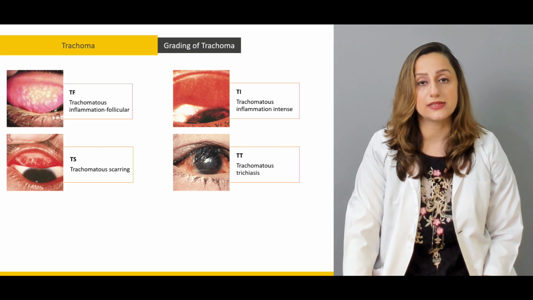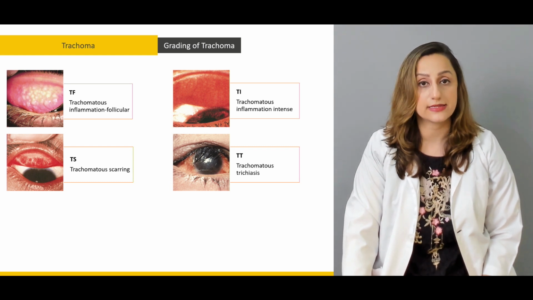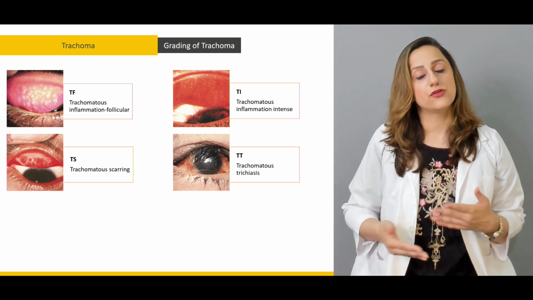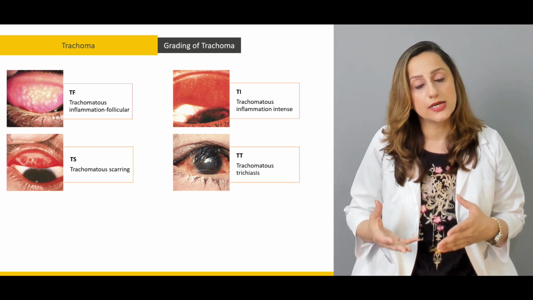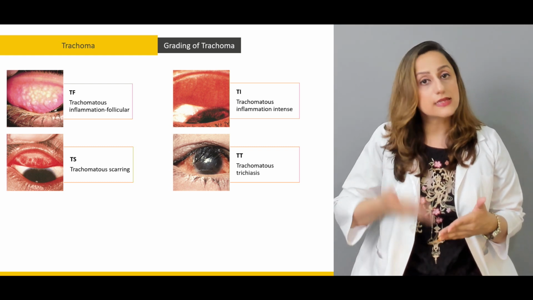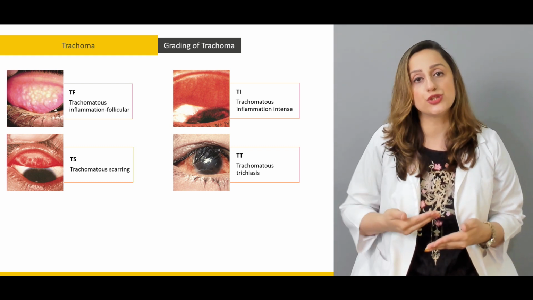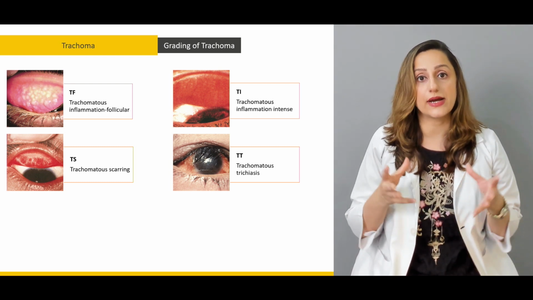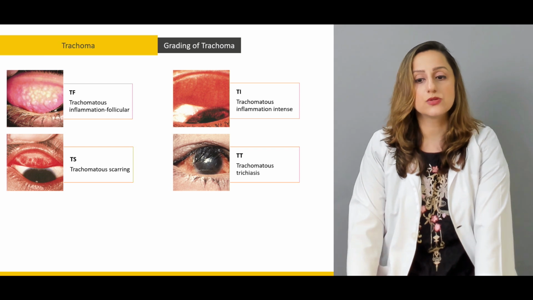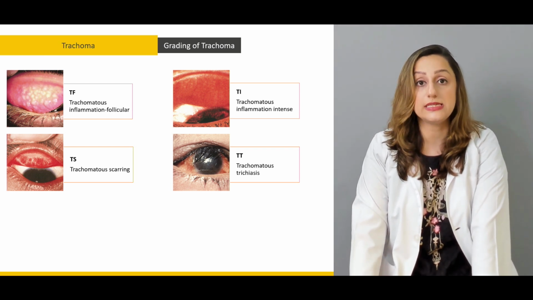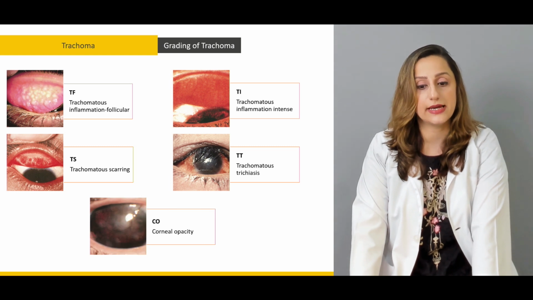Sometimes this trichiasis is a complication of trachomatous infections, occurring due to the inversion of the eyelids. So this is known as the trachomatous trichiasis phase, or the TT phase. It is abbreviated like that.